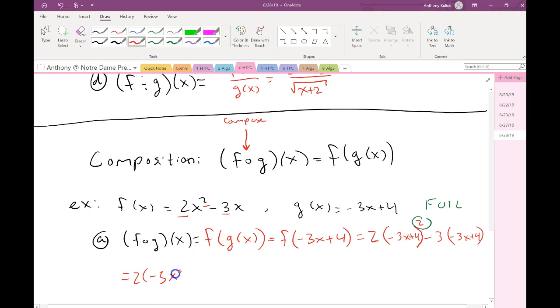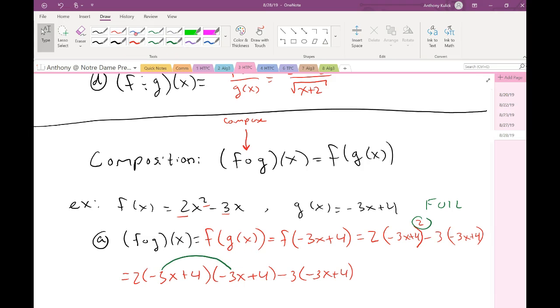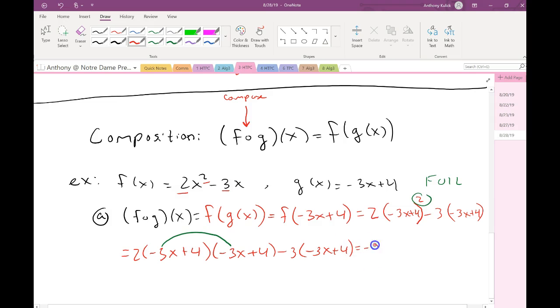So when we talk about FOIL, this is probably the only time the entire year that I'm going to write out a FOIL for you guys. So let that soak in and enjoy that. F is for first. We multiply those together. We get positive x squared.